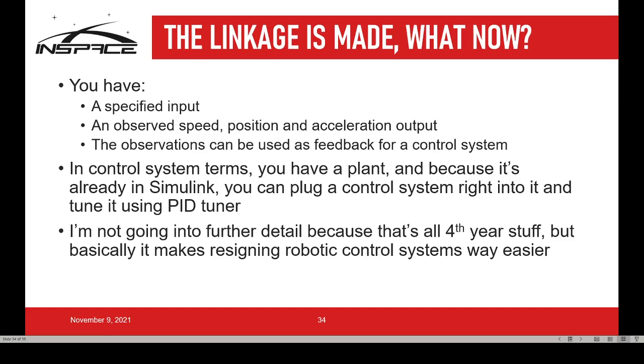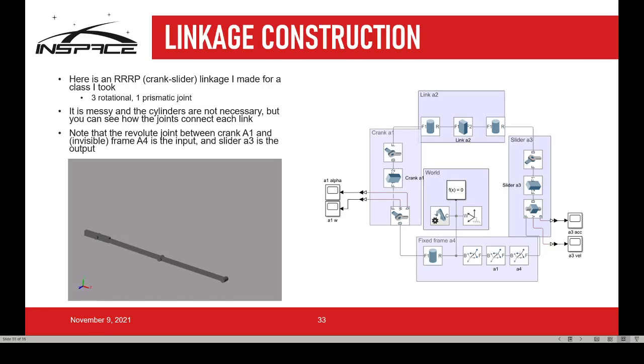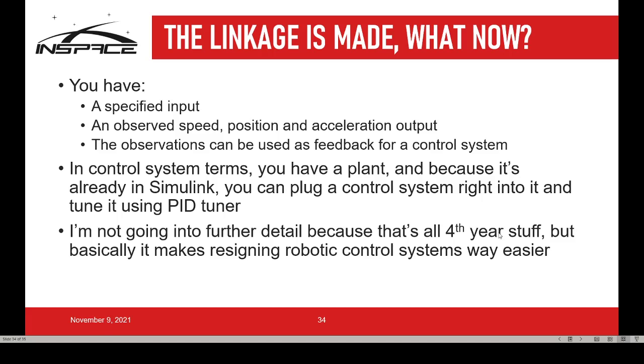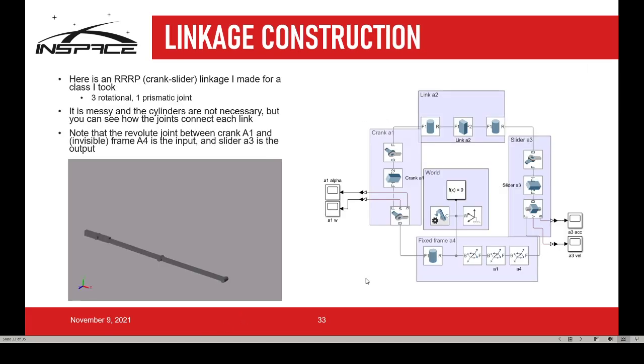But you don't have to do that in Simscape because you can just play with blocks and plug them in together. And all of a sudden, you can plug an input right in. You can hook it right up to the PID tuner. And you have a straight up control system. So basically, you have the ability to make pretty complex robotic control systems with this really, really quickly.